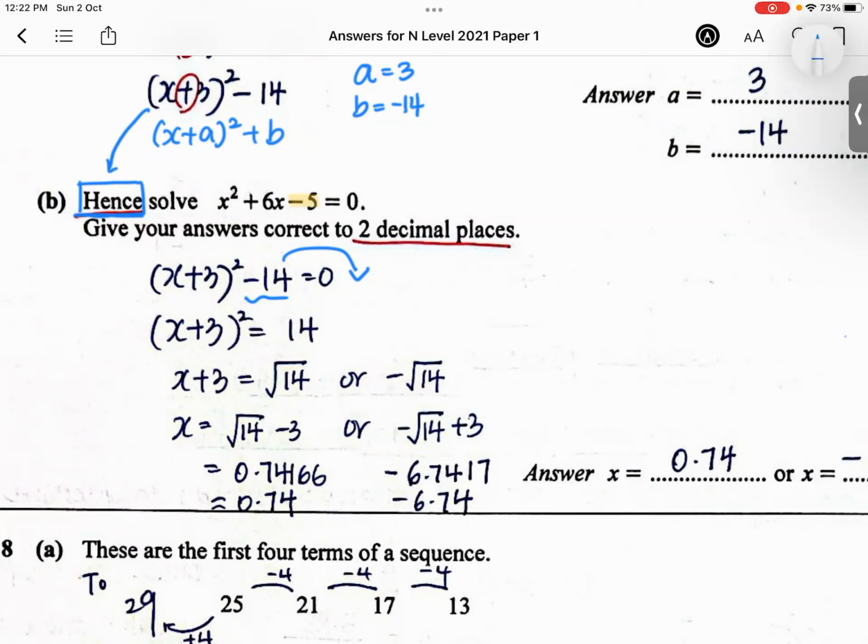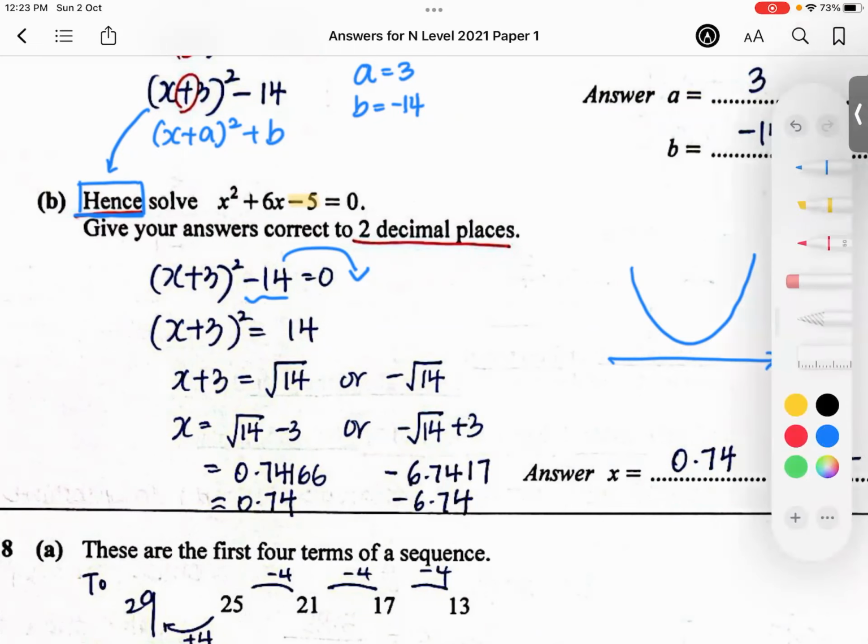Because if we have a square root of a negative number, there will not be any answers, no x-intercept. There can actually be a case where there is no x-intercept. For example, if my quadratic graph is totally floating above the x-axis. But that being said, it's not very commonly tested in 4 and 8, but just take note.